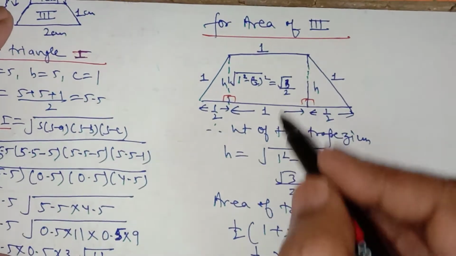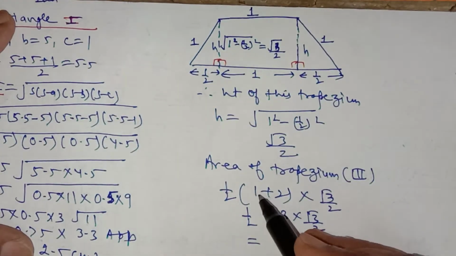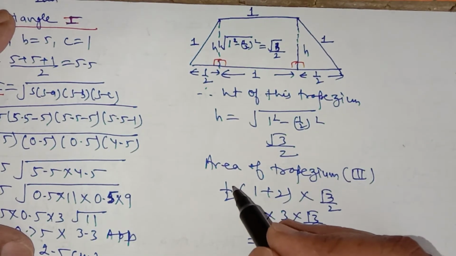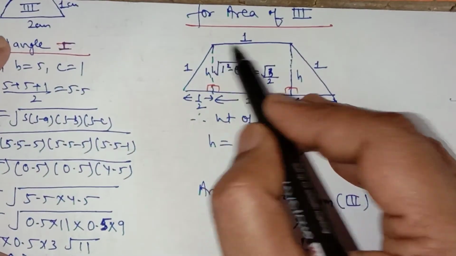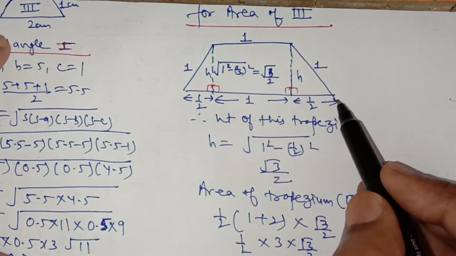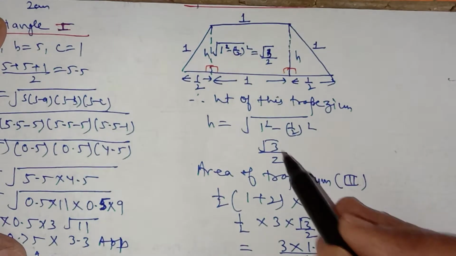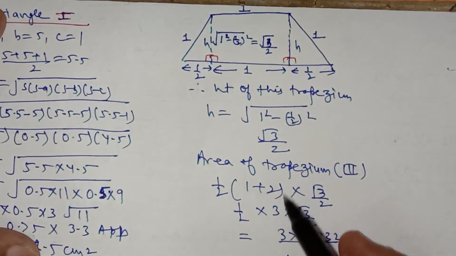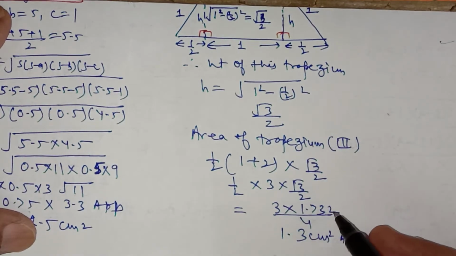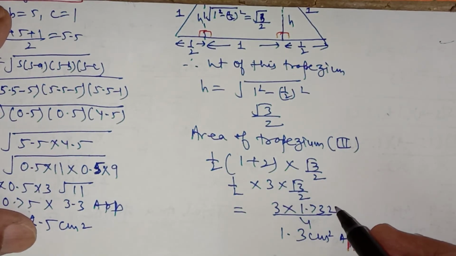So area of this trapezium 3 will be equal to half sum of the parallel sides into height. You know the area of the trapezium, which is equal to half sum of the parallel sides are 1 and 2. This from this to this base is 2 into height is root 3 by 2. So 1 plus 2 is 3. Simplify it, replace the value of root 3, which is equal to 1.732. You learn the value of root 3 and root 2.